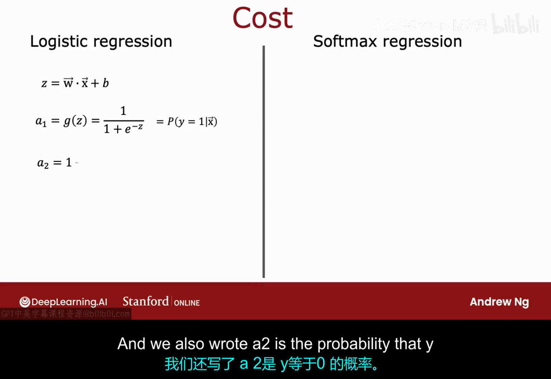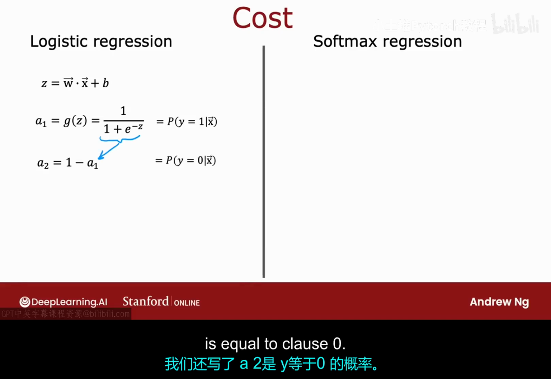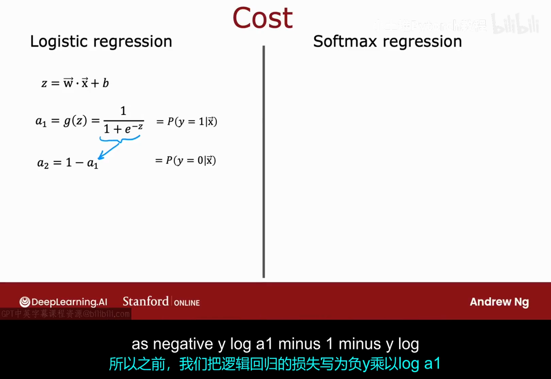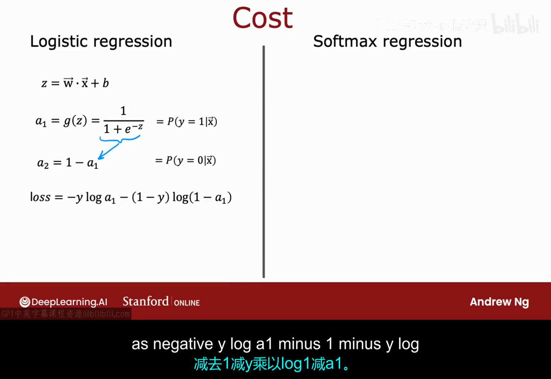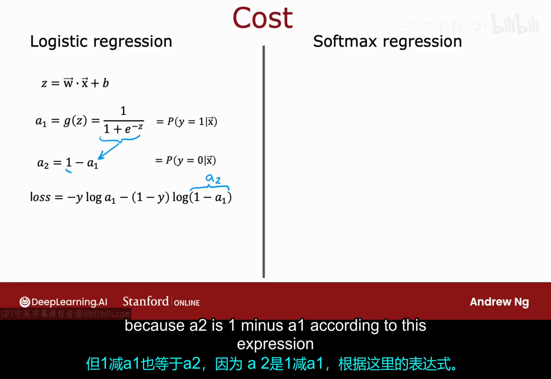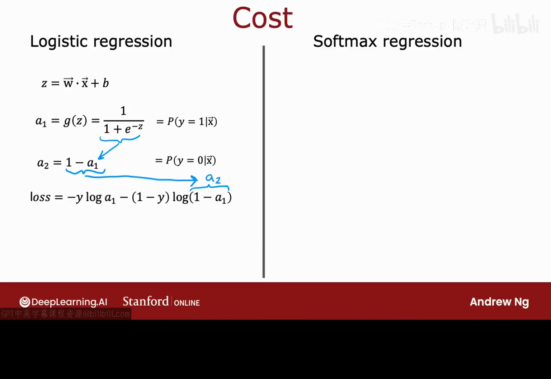And a2 is the probability that y is equal to 0. Previously, we had written the loss of logistic regression as negative y log a1 minus 1 minus y log 1 minus a1. But 1 minus a1 is also equal to just a2, because a2 is 1 minus a1 according to this expression over here.